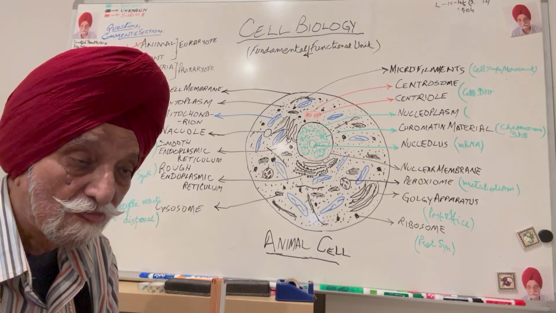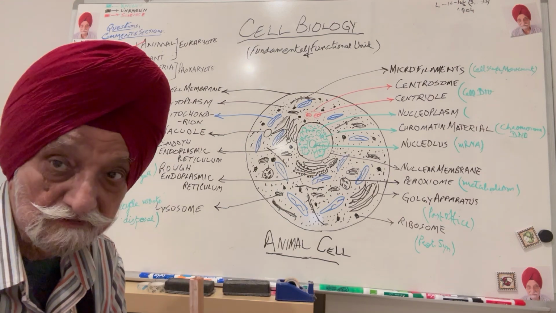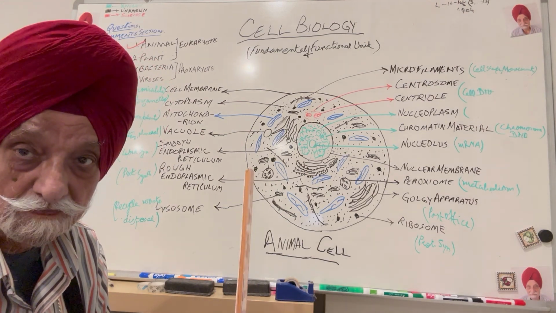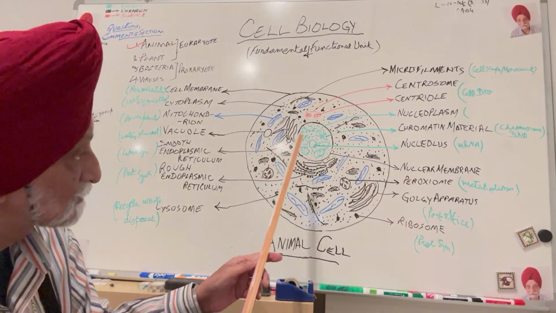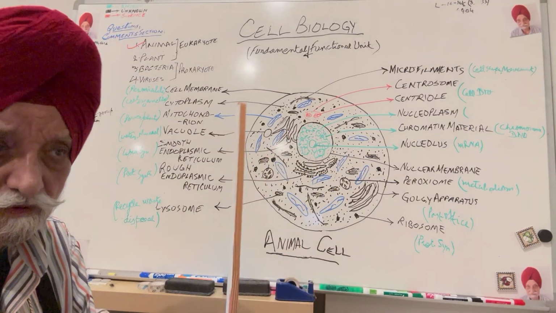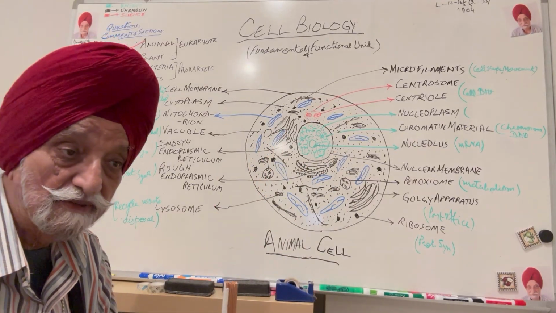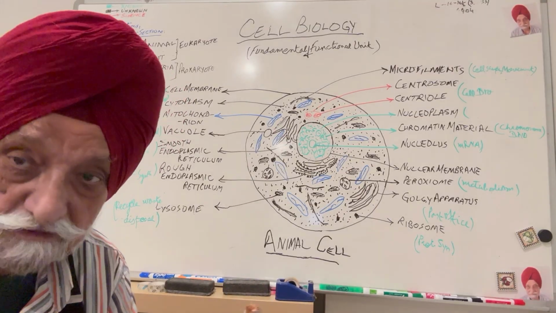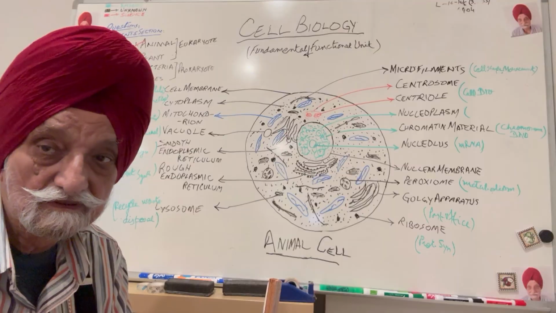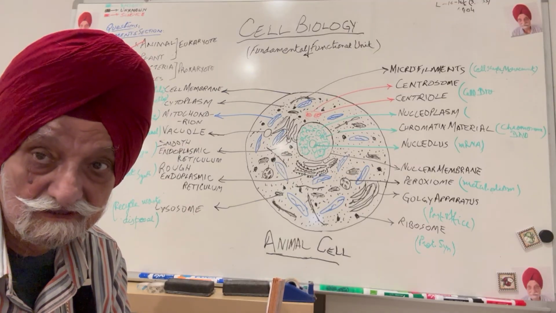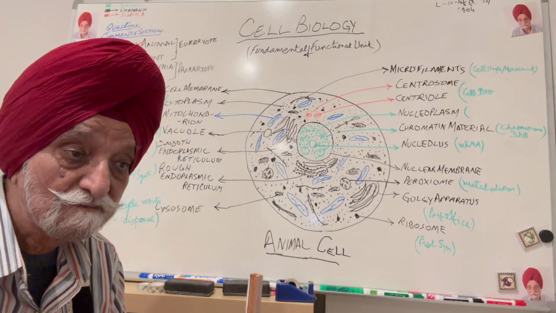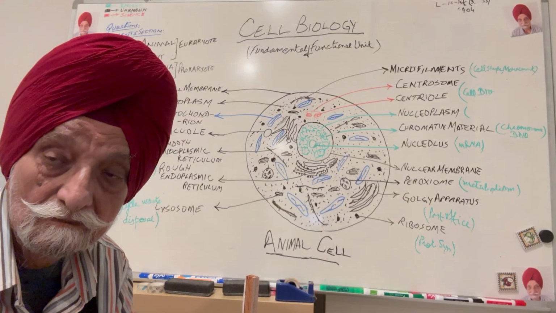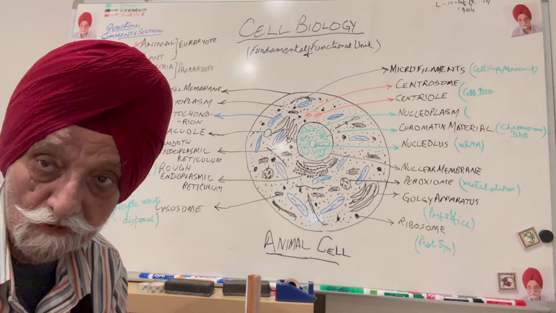Now, depending upon the shape of the cell, basically the shape of the cell is circular or oval, but depending upon the function and the position of the cell, where it is present, the shape of the cell changes. For instance, I'm referring to a human body.